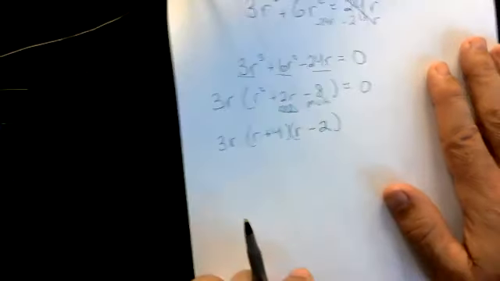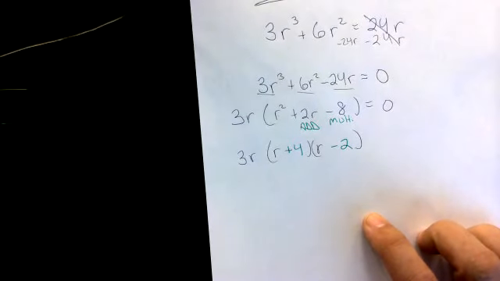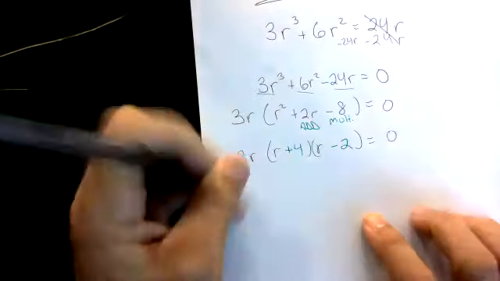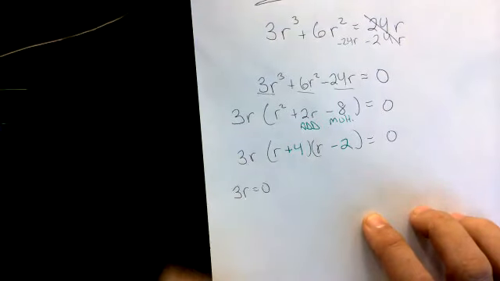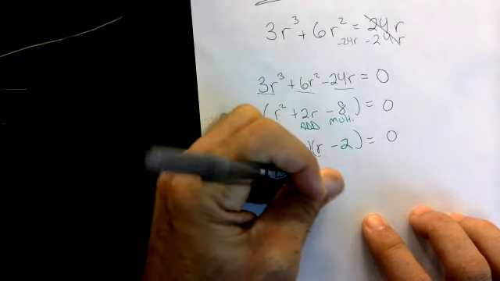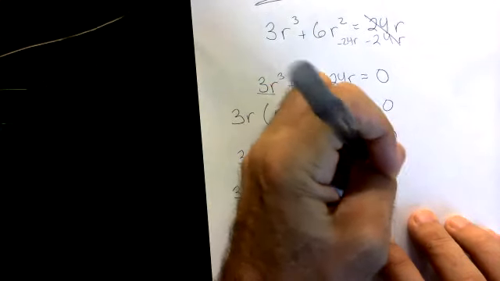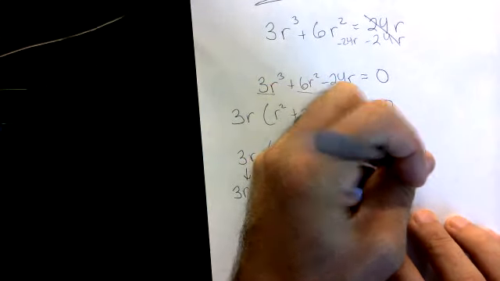Then you set your factors equal to 0. This particular problem has 3 factors. So we need to set each of those equal to 0. So either 3r is 0 or r plus 4 is 0 or r minus 2 is 0.